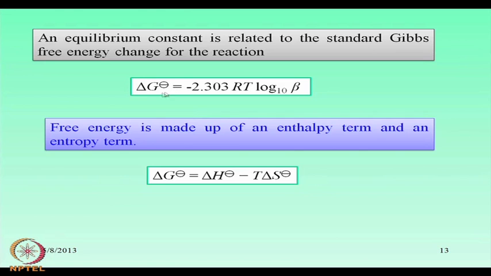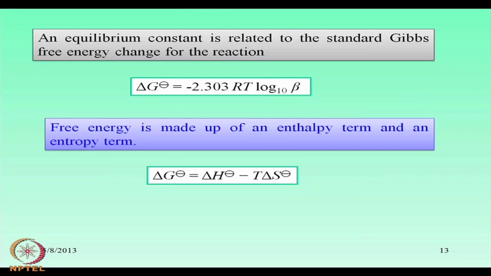So, once we measure these values for the free energy change, we can correlate them with the corresponding enthalpy term and entropy term for the binding of, say, ammonia molecule around nickel, as well as the binding of the ethylene diamine molecule to the system.